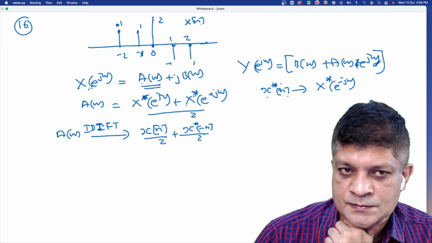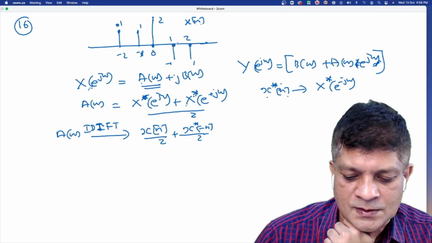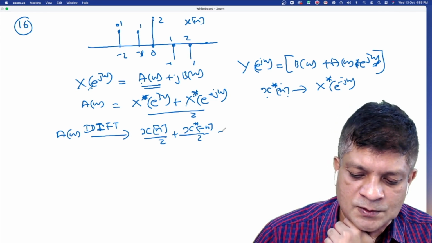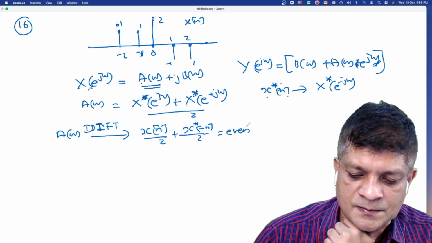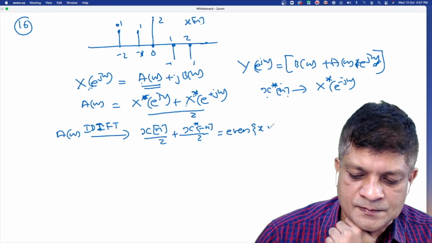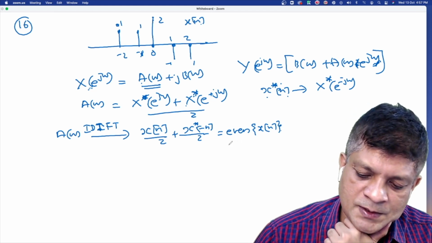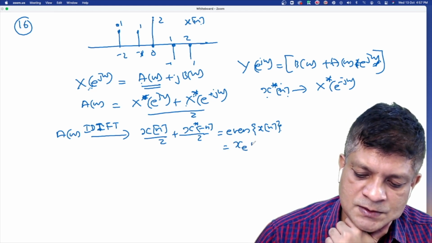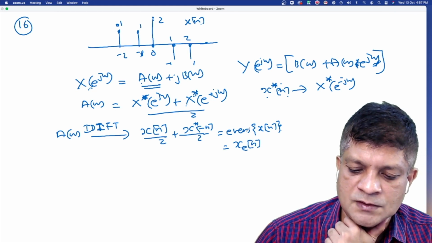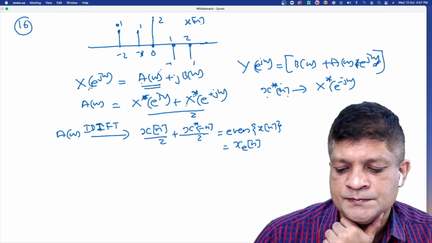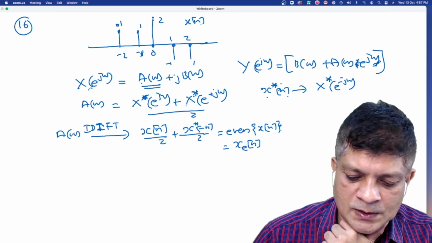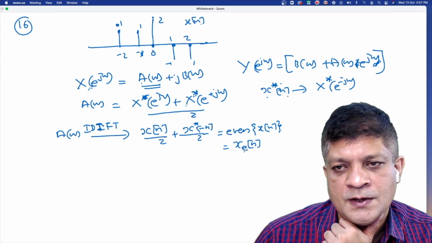It is a real valued signal. So it is the even part of x[n], which I am simply writing as xe[n]. The inverse Fourier transform of A(ω) is xe[n].